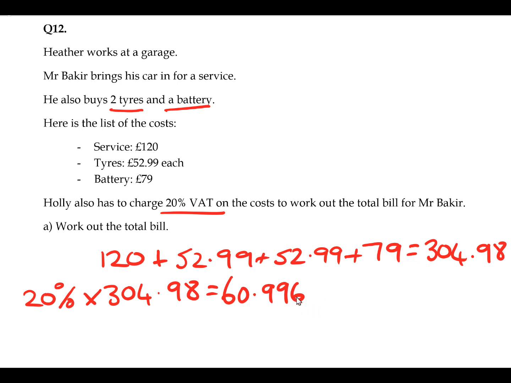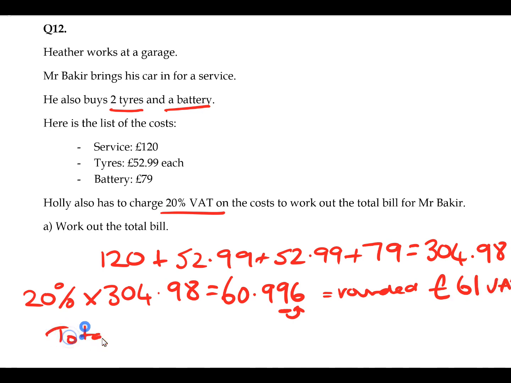Now, because it's money, we need to round to 2 decimal places. And if we round this up, the 60.99 becomes rounded to £61. So that's the VAT.